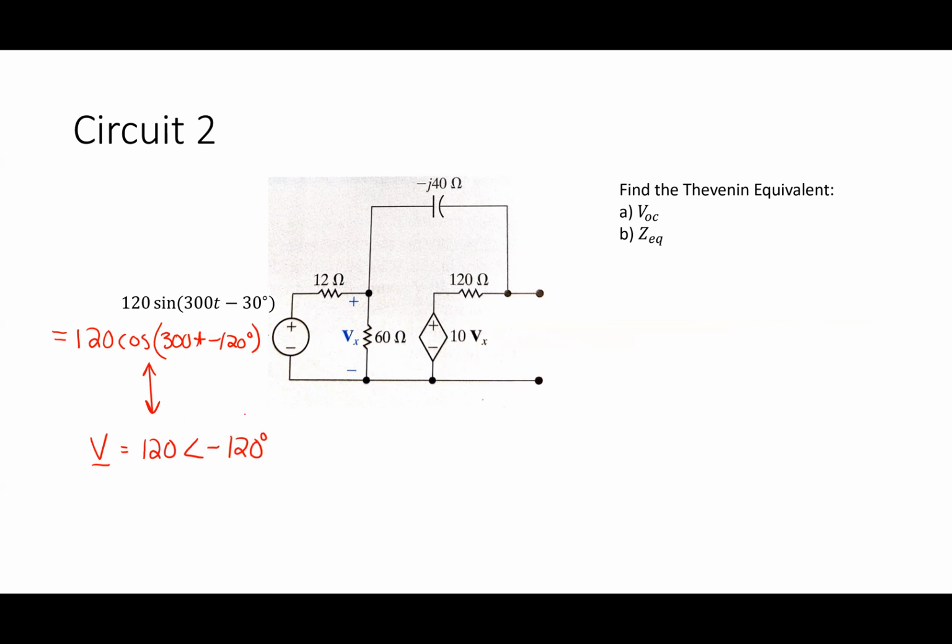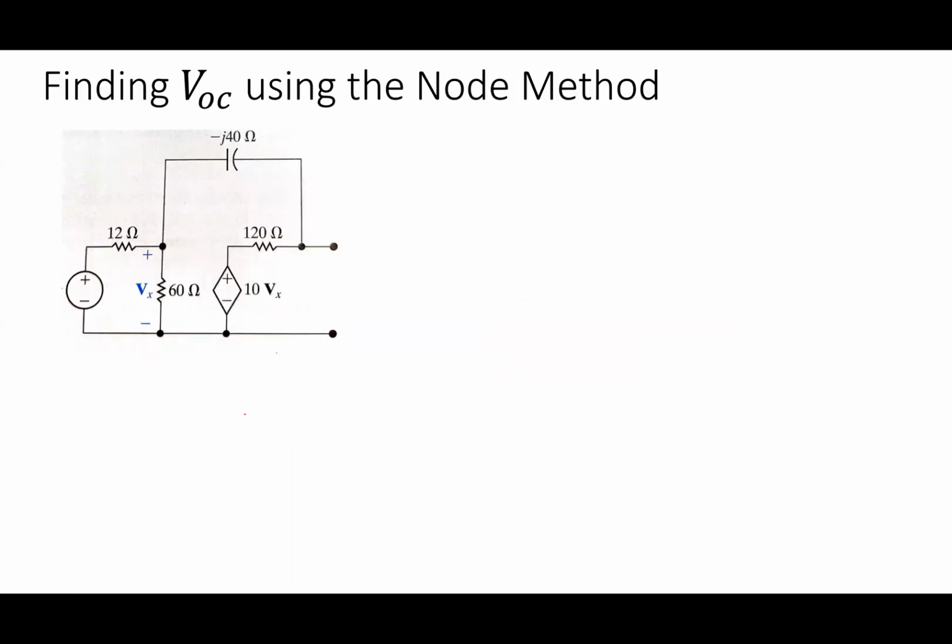I've got a dependent source here, and it's a voltage dependent voltage source, so it depends on a voltage somewhere in the network. My first step is I'm going to use the node method in this case. One of the things I said is I have no choice but to use nodal or mesh when I have a dependent source like this.